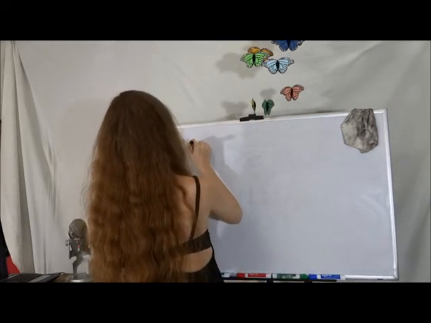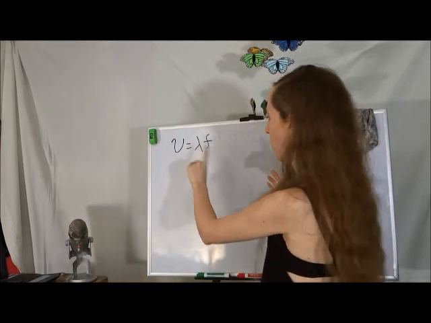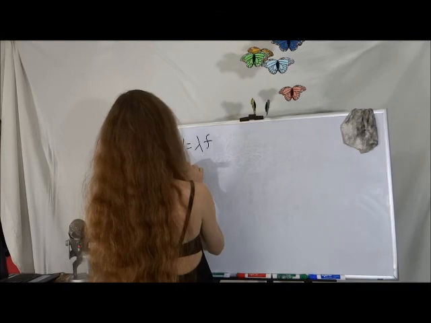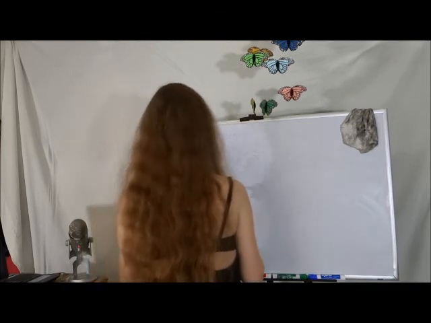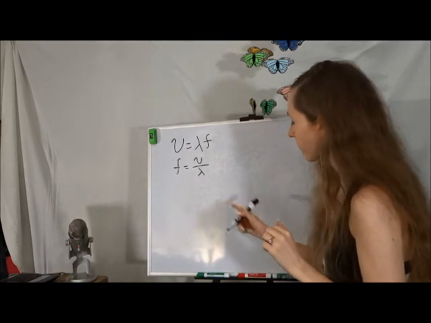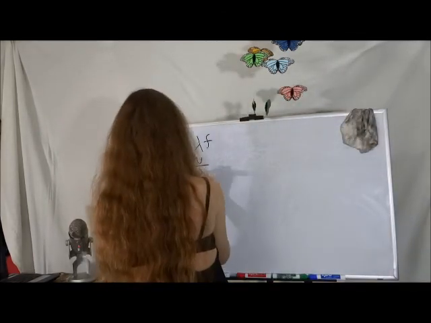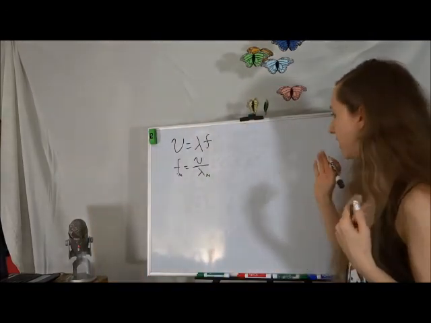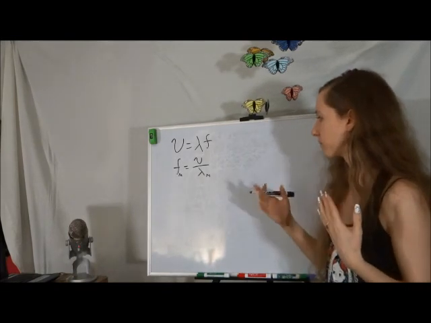So we know v equals lambda f, and so if we want to know f, we're going to divide both sides by lambda. We're going to have f equals v over lambda. And now I'm going to give these both little subscripts for m, which is however many antinodes we have, however many half wavelengths we have.